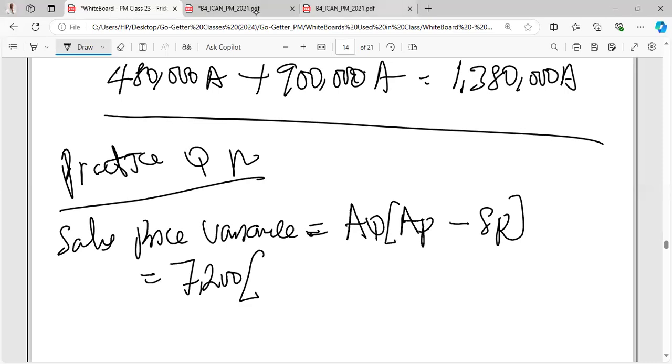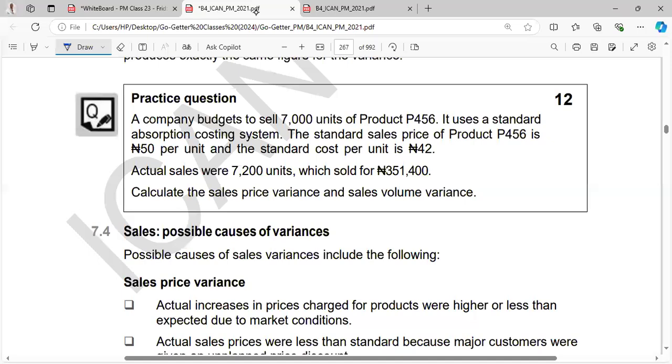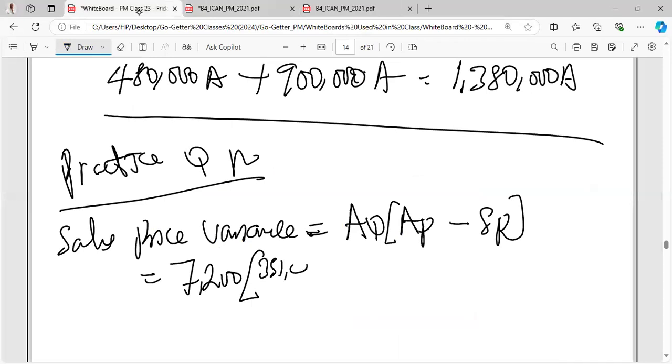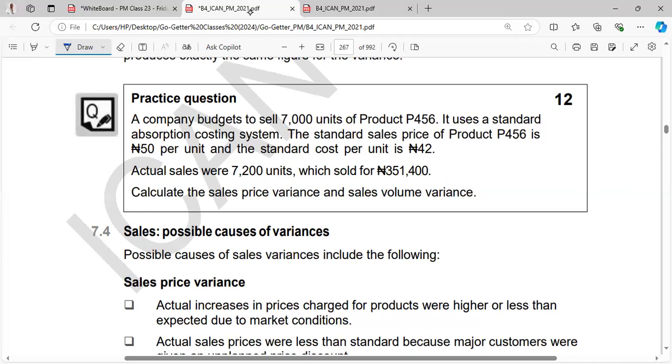Actual price happened to be, we are going to divide this by this, 351,400 divided by 7,200. That's the actual price, minus what's the standard price? Standard price is 50 naira. So we check here, this is 50 naira.